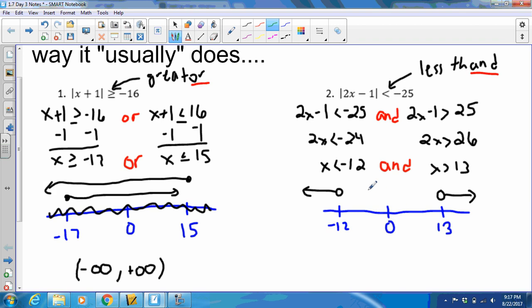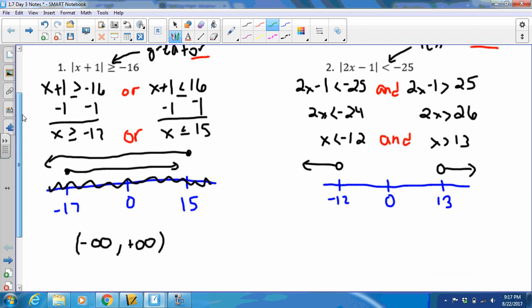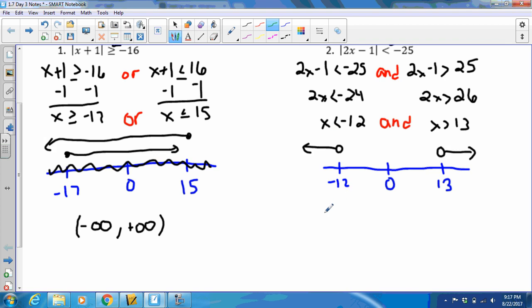Well, if we plug 0 in for x here, is 0 less than negative 12? Oh, it's not. This does not work. It is false. So what about 0 being greater than 13? Well, that is also false.